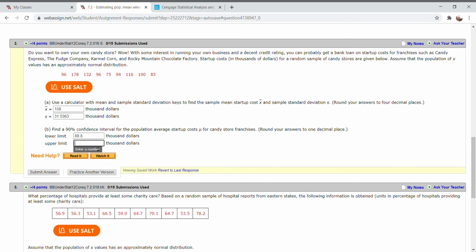On the upper end, we have 108 plus 19.237. To the nearest tenth is 127.2. And so we're 90% sure that the actual mean of startup money is going to be somewhere between these two dollar amounts.